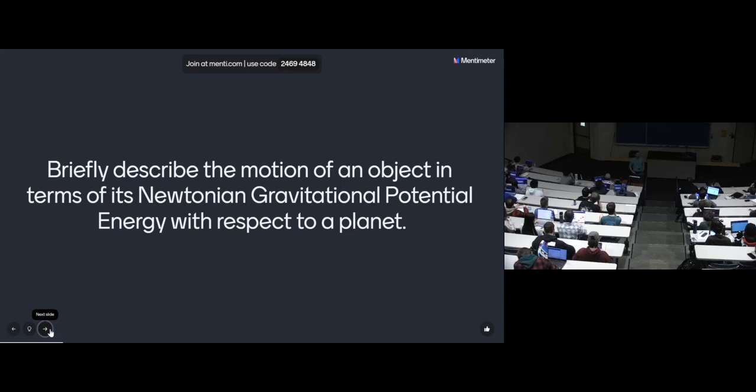You've got the Earth in an elliptical orbit around the sun, or take one that's even more elliptically inclined, like a comet, something that has very high eccentricity. Describe to me the motion of that comet using only energy considerations.